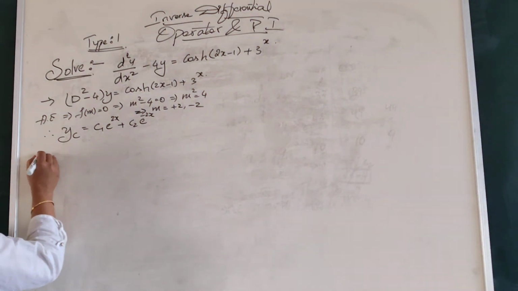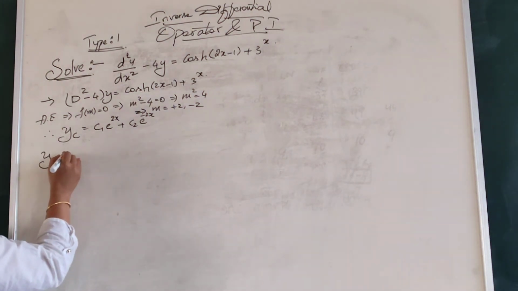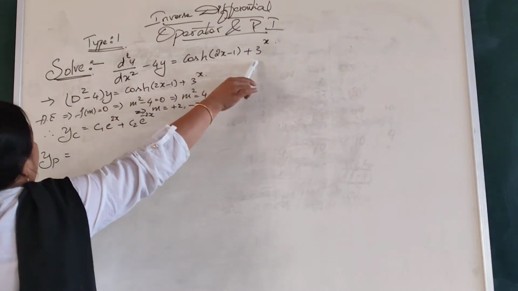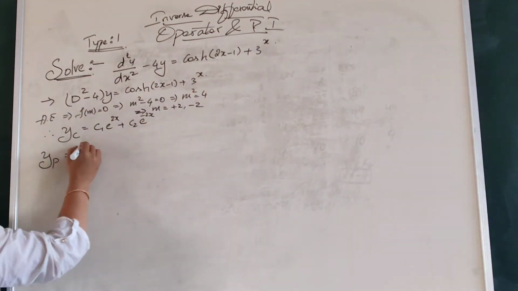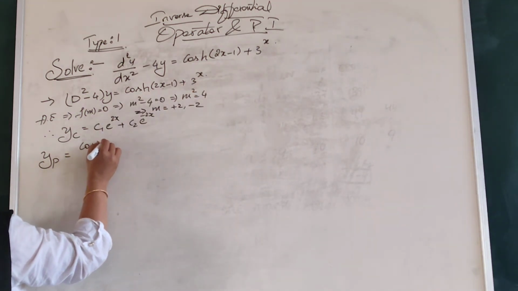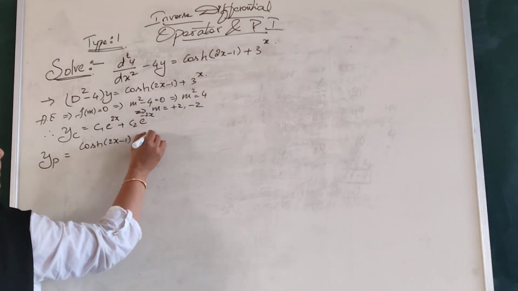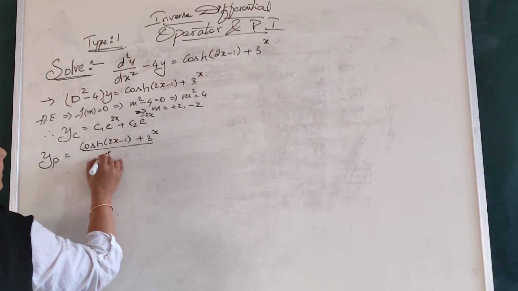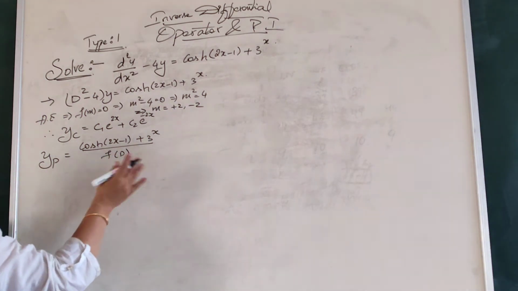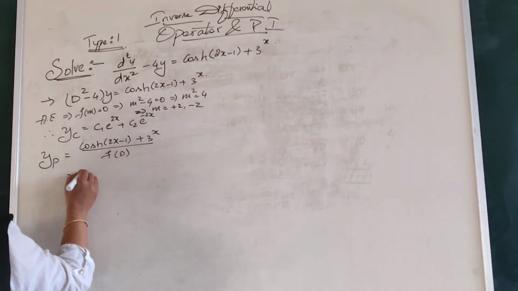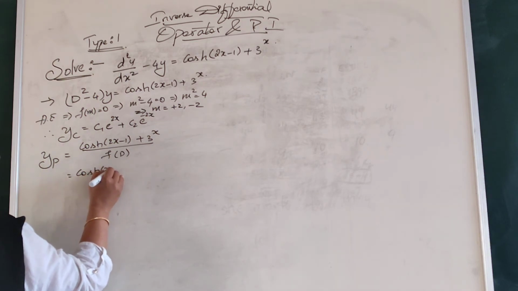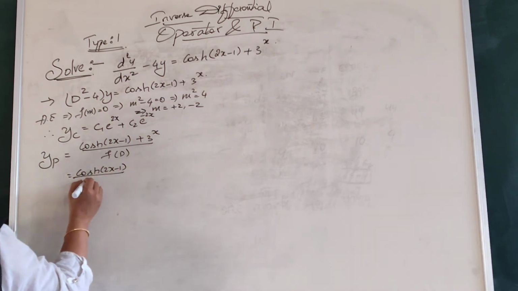Now coming to the yp part, particular integral yp is equal to, we got to consider both the terms here in the RHS. Cos hyperbolic of 2x minus 1 plus 3 power x, the whole divided by f of d. You have to split it into two factors, that is equal to cos hyperbolic 2x minus 1 divided by f of d.